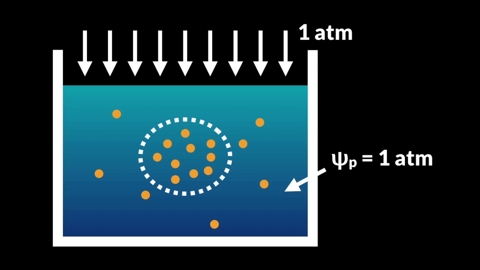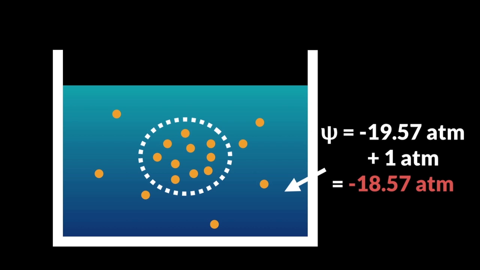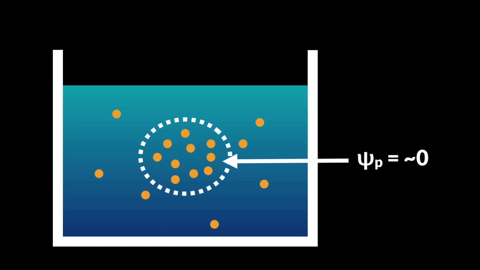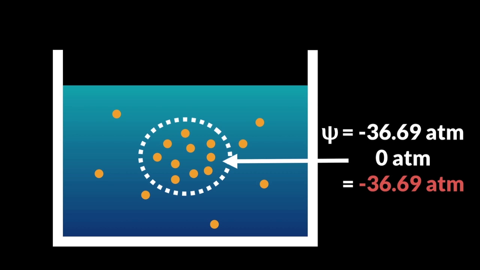Now that we know the solute potential and the pressure potential of the solution on the outside, we can add them together to find the water potential. In our cell, the pressure potential is very close to 0 because there isn't really any force trying to push water out of the cell. So the water potential of the cell is negative 36.69 atmospheres.